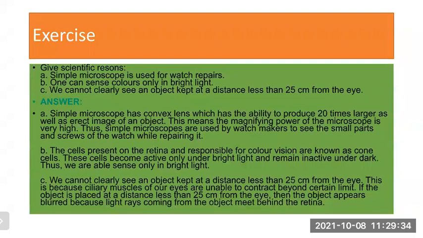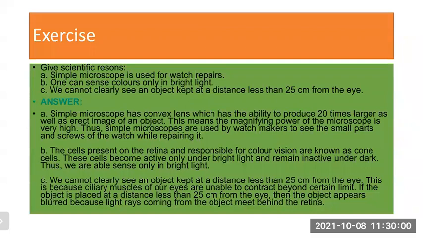See here, the simple microscope has a convex lens which has the ability to produce a 20 times larger as well as erect image of the object. This means the magnifying power of the microscope is very high. The simple microscope is used by watchmakers to see the small parts and screws of the watch while repairing it. Got it?